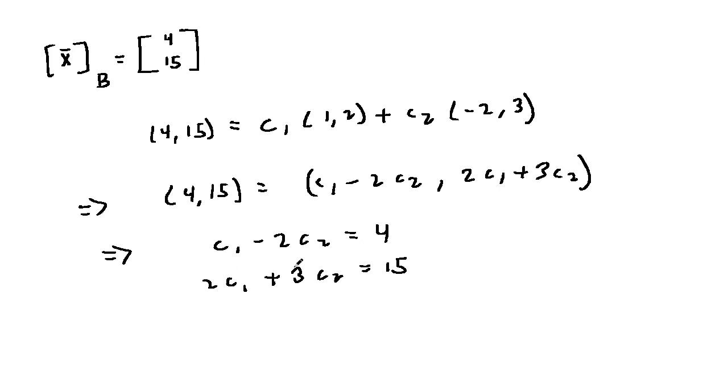So we get a system of equations, and if we try to solve this, let's do -2 times the first equation plus the second equation.